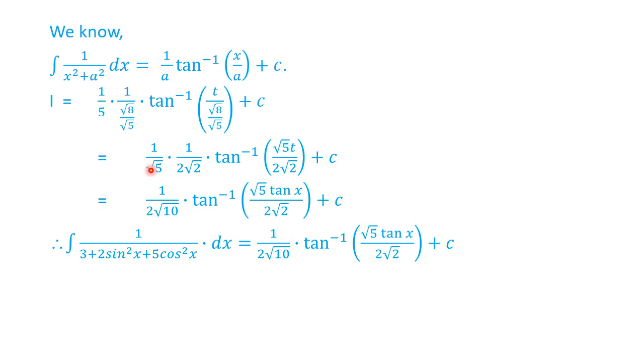So we get, according to the laws of surds, which you learned in 9th standard, if the nth root is the same, then we can take the multiplication of the terms. Therefore taking the multiplication of these square root terms, 5 into 2 is 10, square root of 10, 2 into tan inverse of root 5 t by 2 root 2, but by back substitution what is t? t is equal to tan x, isn't it? And this is our required answer.